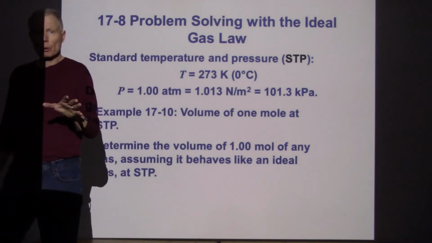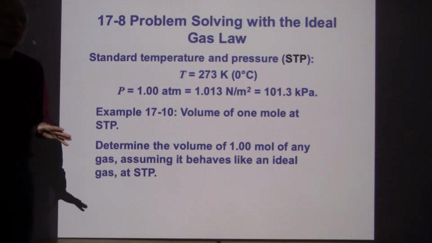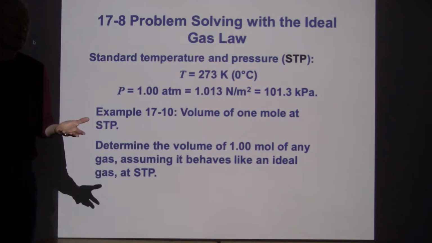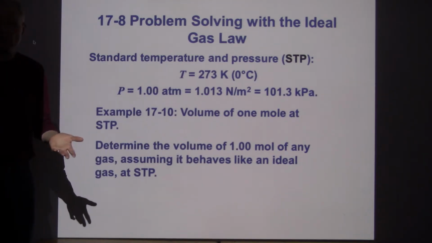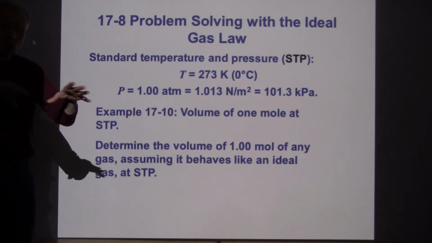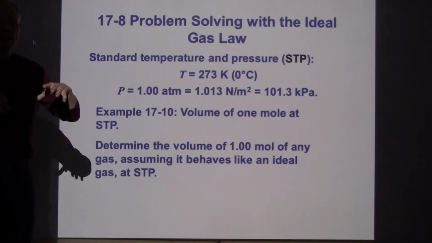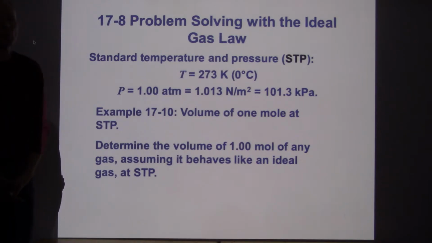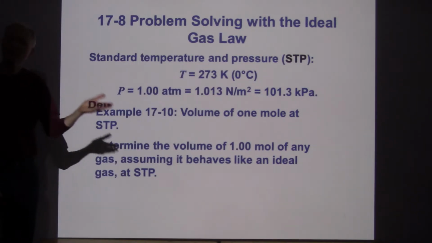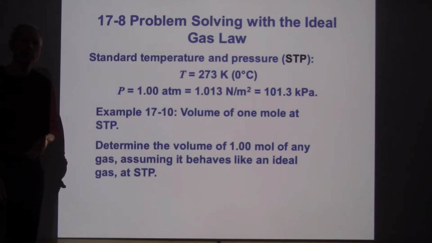Now, for lab purposes, the reason 0 Celsius is standard temperature is because you can recreate a chemical reaction at standard temperature by putting it in an ice bath. An ice bath, which means water with some ice floating around in it, will always be at 0 Celsius if you give it a little bit of time to reach thermal equilibrium. But engineering tends to take a different approach.